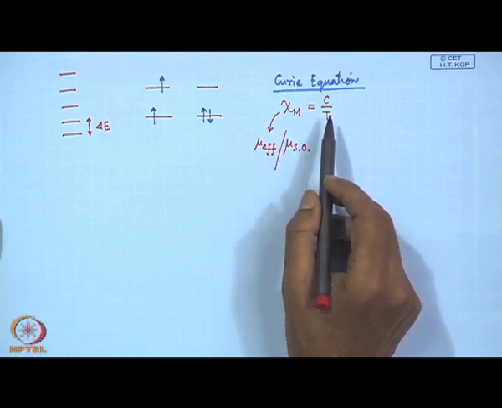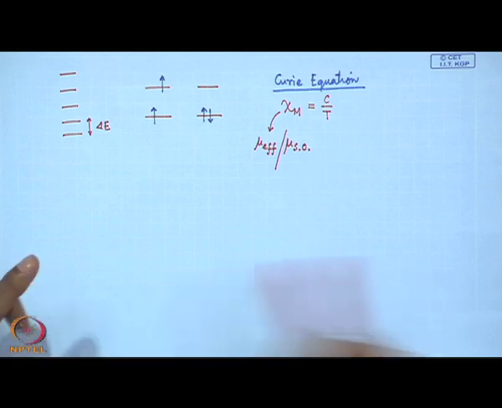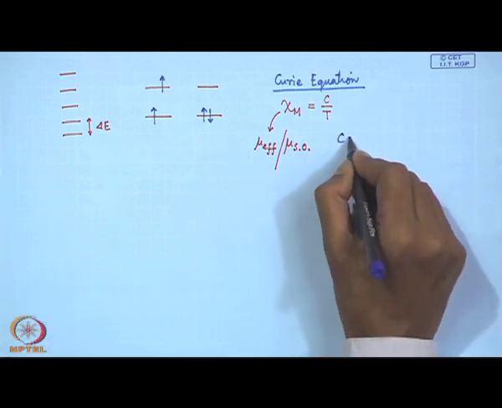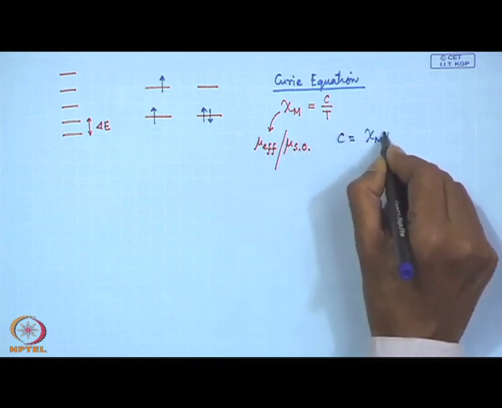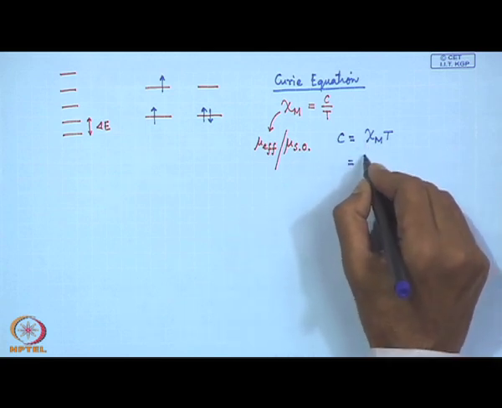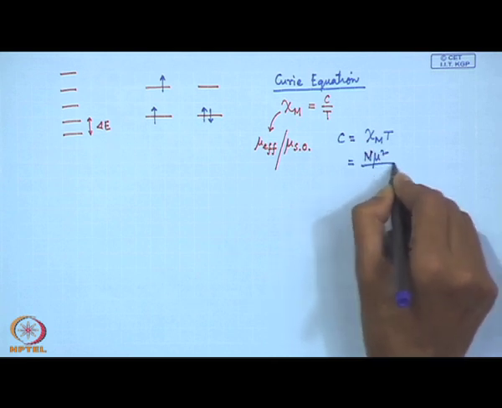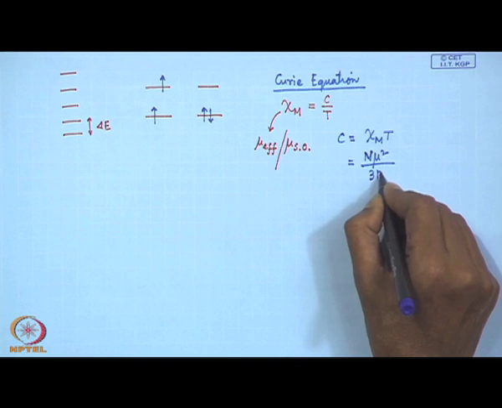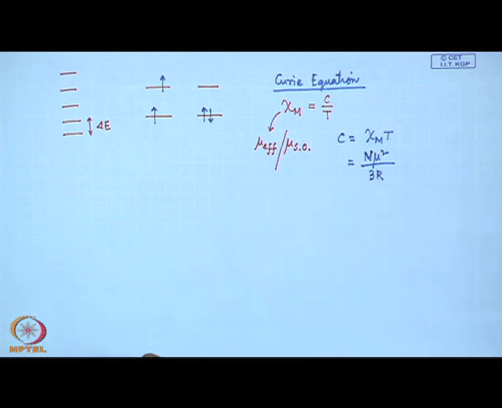So, if we get that particular value for this C by T, and this C can be equated to chi m T, this relationship also gives us the corresponding value for N mu square by 3k, where k is the Boltzmann constant.